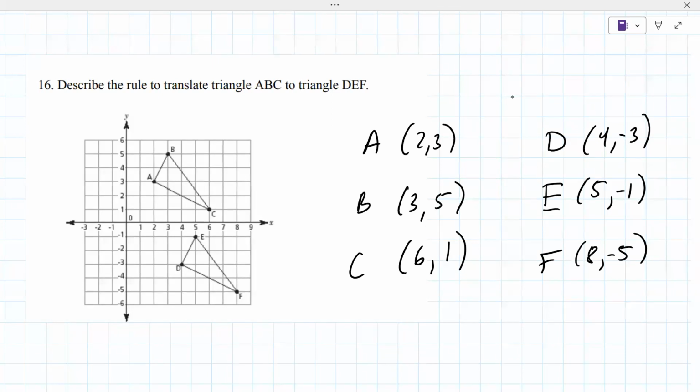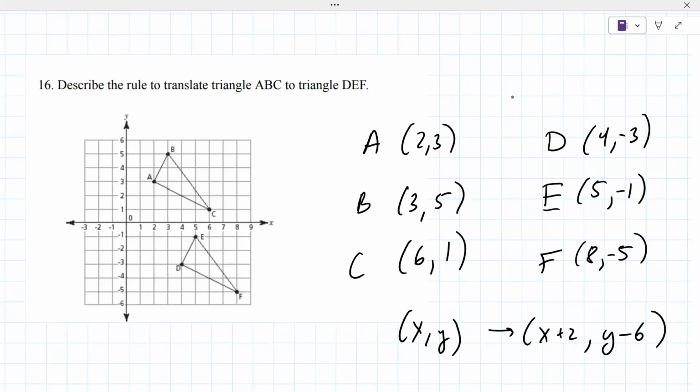Maybe you can look at this and come up with a rule, something that works for all of them. Okay, so my rule is x plus 2 and y minus 6.